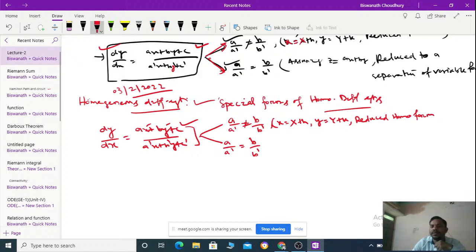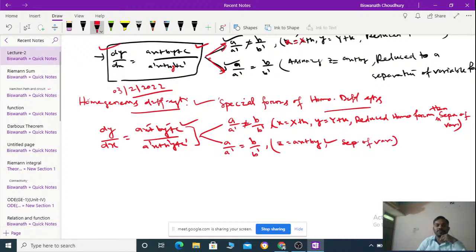After reducing it to homogeneous form, we will apply separation of variables. And if a by a dash is equal to b by b dash, then we will substitute z equal to ax plus by. After substituting, it will be solved by the separation of variables method.